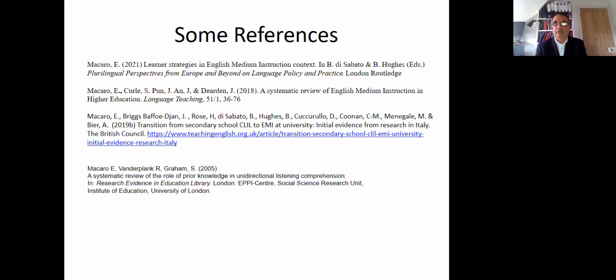So English medium instruction is used particularly in university contexts, and of course, in certain jurisdictions, in secondary education and not so much in primary. Basically, in the term EMI, there is nothing to suggest that the teacher is concerned with students' language. It's English medium instruction or English medium education.